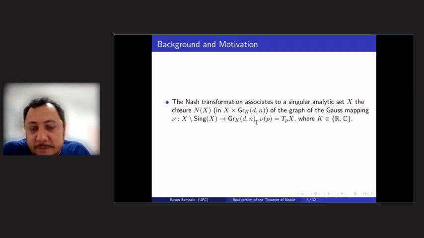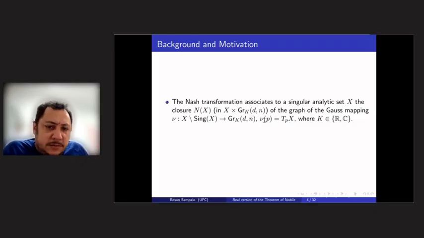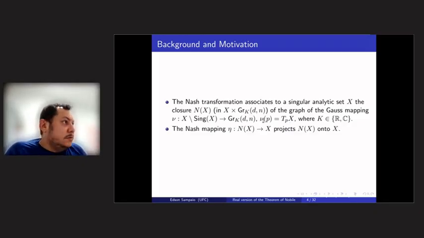In the well-known way, you associate a point to its tangent space. The Nash mapping is the projection on the first factor, that projects ÑX to X.